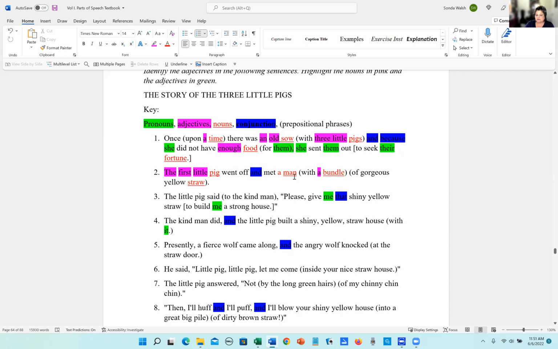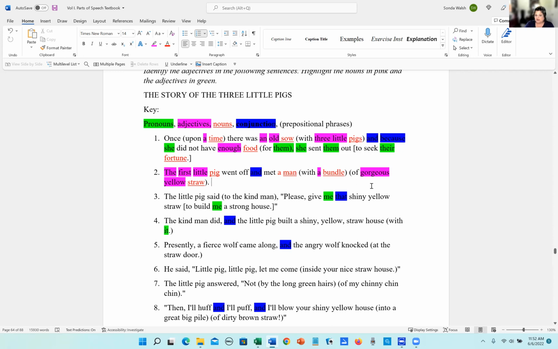So let's go to the next one, and the only word before that is met, but that is an action, so we're not going to mess with that one. We've already done a bundle, so we know that a is an article, and then straw, which straw, what kind of straw, the gorgeous yellow straw. And we know just from the structure of this that this is a prepositional phrase.